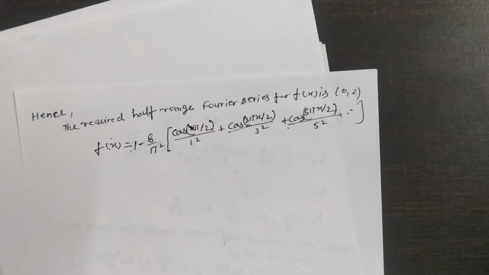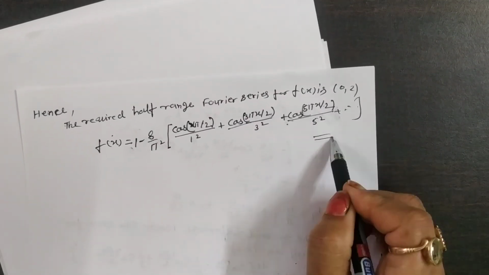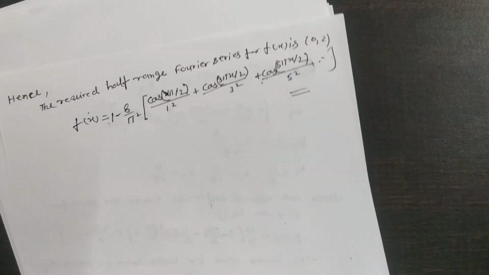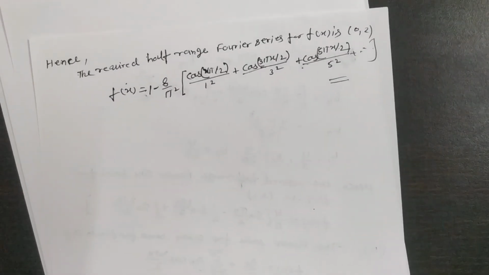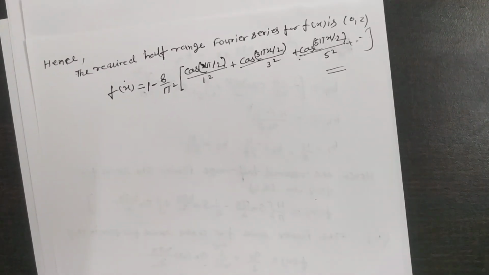This is the half range Fourier series in the interval 0 to 2. Students, you have cleared this question. Again, I will give you some different types of Fourier series problems. Okay, thank you students.